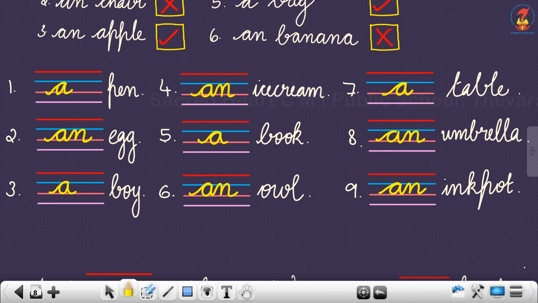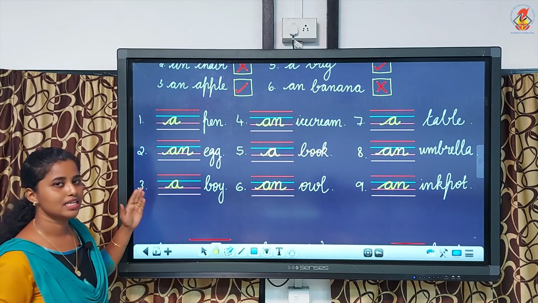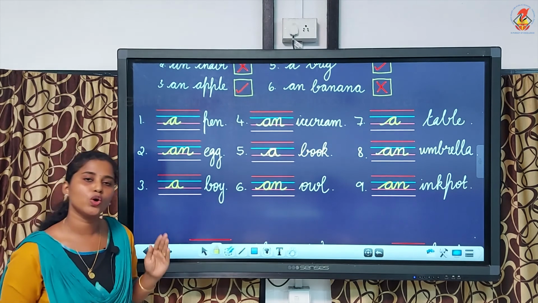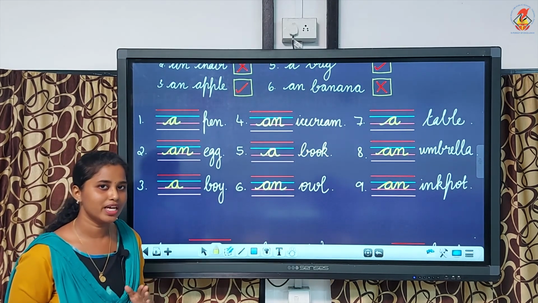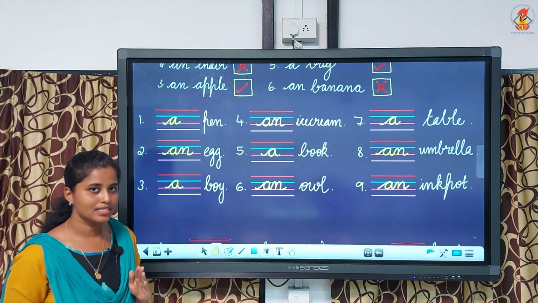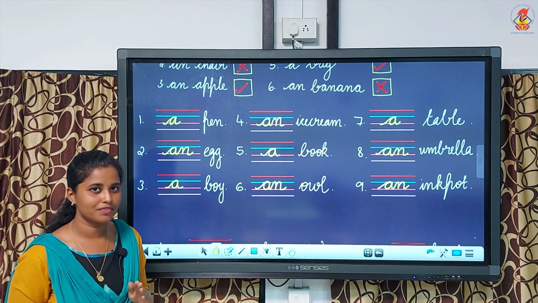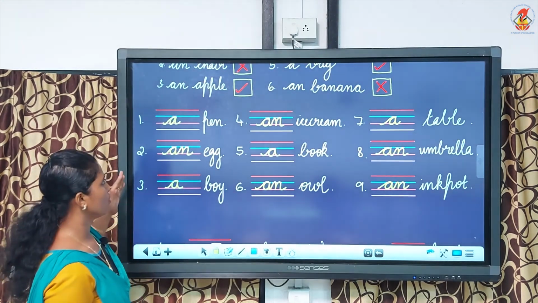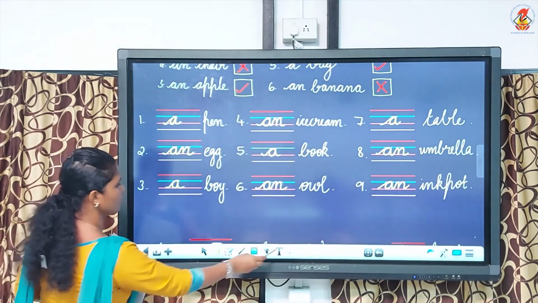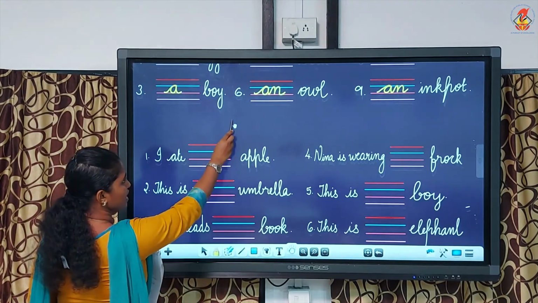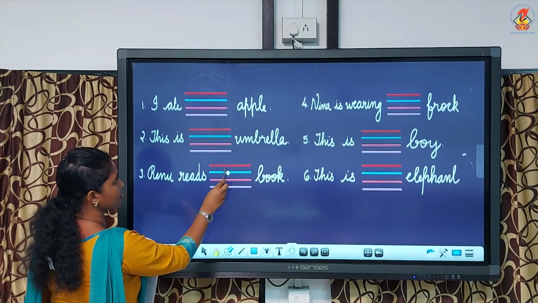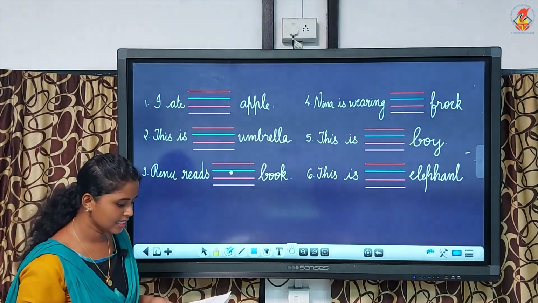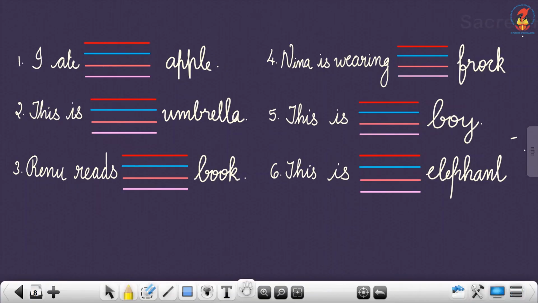So, we wrote the articles in the correct space given. I hope you all have done it neatly in the correct formation of cursive. Did you write it neatly, children? Yes, very good. So, now we are going to move on to the last activity of page 20, that is, fill in the blanks with a or an suitably.